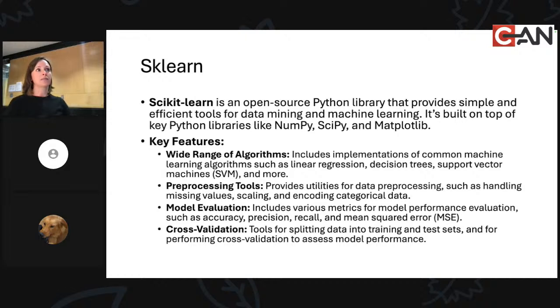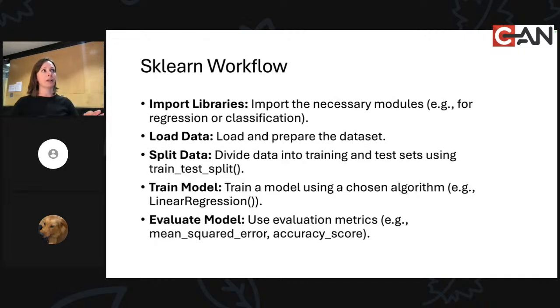It also has all the model evaluation metrics that you might need, which we'll talk about in the following machine learning module, not the next immediate class. And cross-validation, which we'll also talk about later. Anyways, there's a lot of useful stuff, so today we're going to start playing with this.